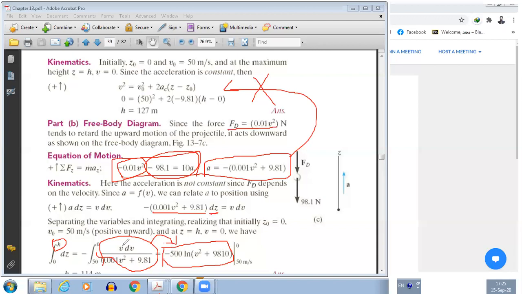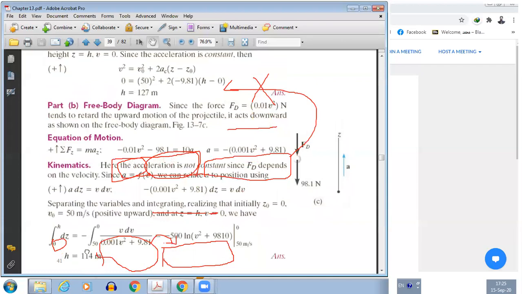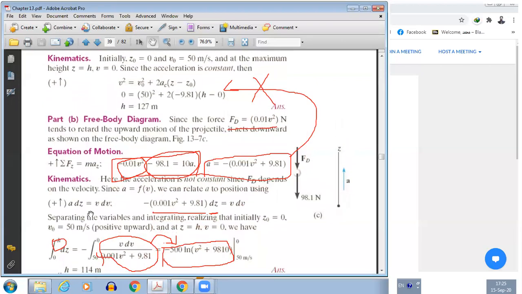The integral of this becomes this, and you apply the limits. After that you get h equals 114 meters. It makes sense. When you have atmospheric resistance, h will be less than when you don't have atmospheric resistance.